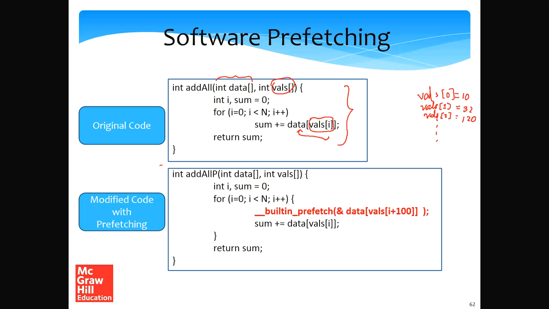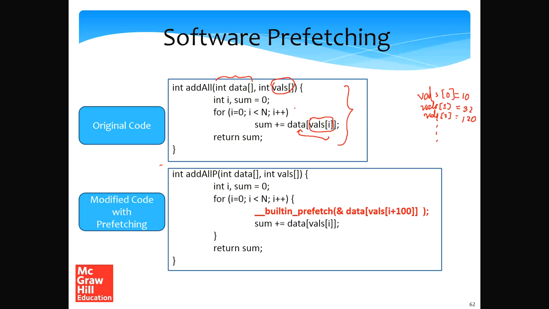So for the vals array, we have spatial locality because they are in increasing order of array indices, but not for the data array. For the data array, we pretty much have very random addresses. As a result, both spatial locality and temporal locality are not there for the data array, even though they are there for the vals array to some extent.